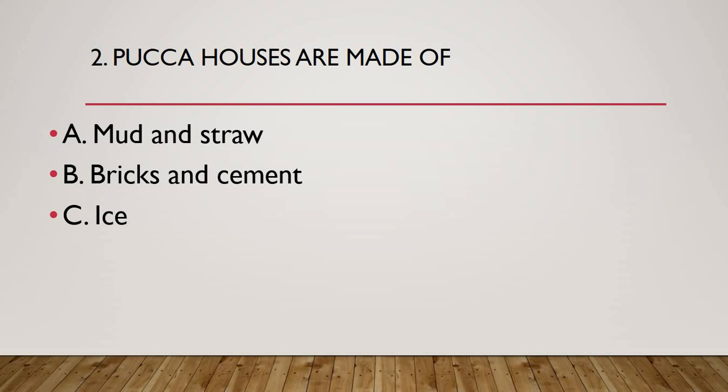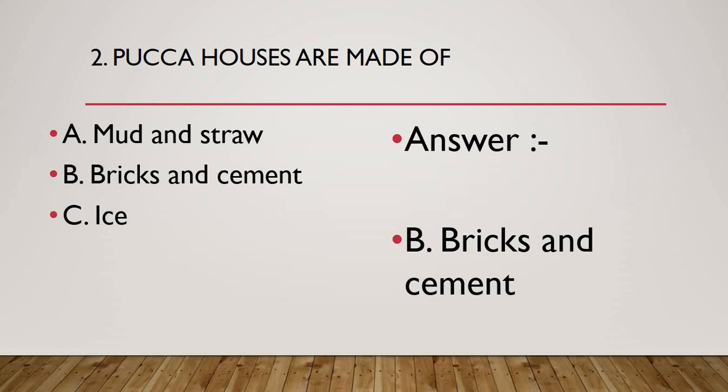Okay, I hope you have already chosen your answers, and let's see what is the correct answer. What are pucca houses made up of? Pucca houses are made up of option B, bricks and cement. Students, if you have seen the construction of any house, or ongoing construction anywhere in your town or city, you might see many buildings still under construction.